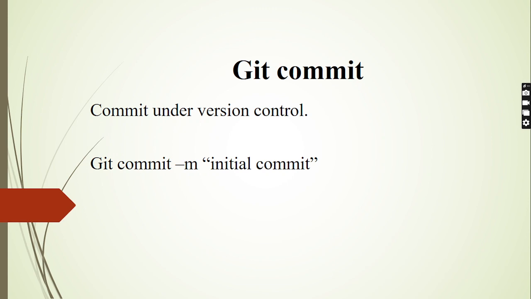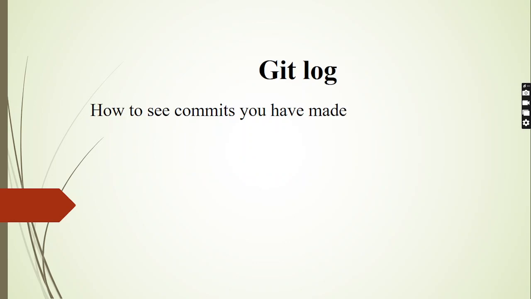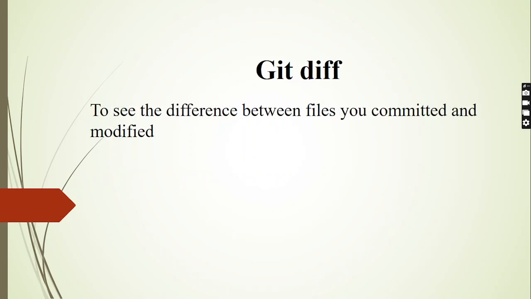Git commit is used to commit our file or project, ready for putting it up into GitHub using the version control system. Git log is to see how many commits you have made. Git diff is to see the difference between files you have committed and modified.